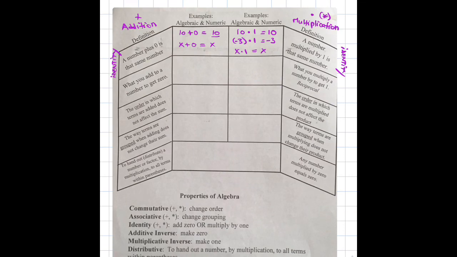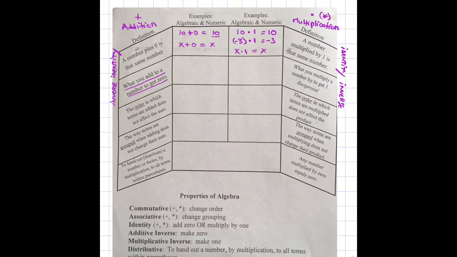Next property is the inverse property: inverse of addition and inverse of multiplication. It is what you add to a number to get 0.